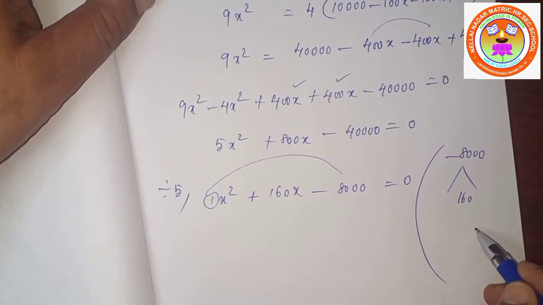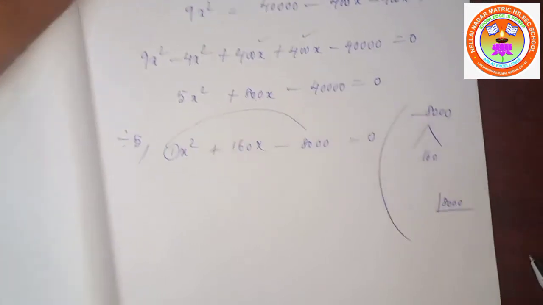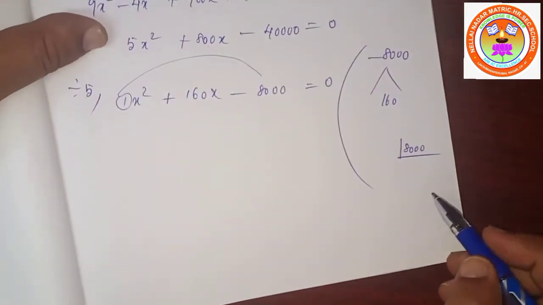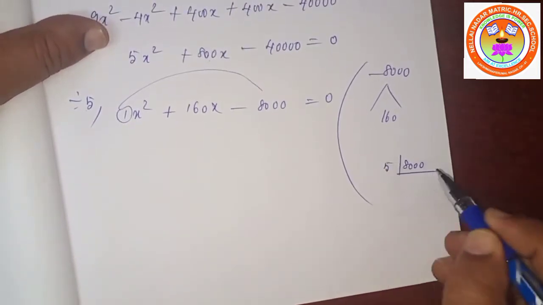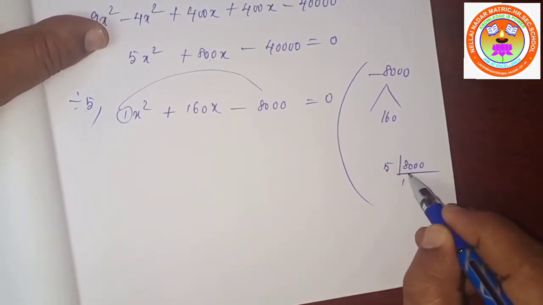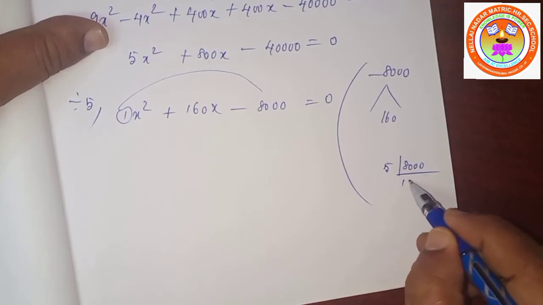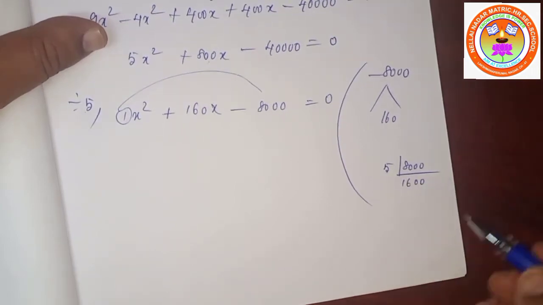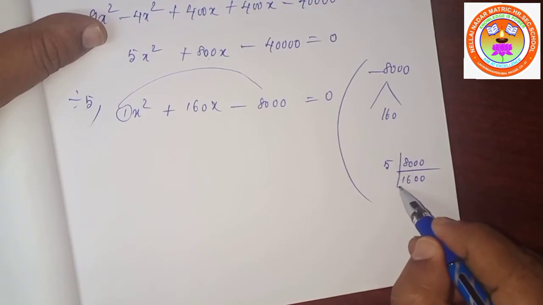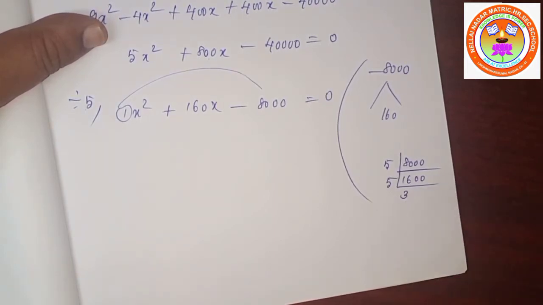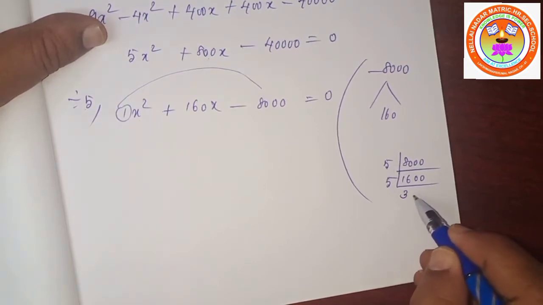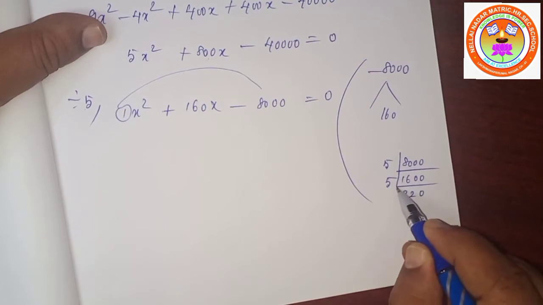Take 8,000. Divide only by prime numbers. I take 5: 5 ones are 5, balance 3, 30, 6 times 00, 1600. Again divide by 5: 5 3s are 15, balance 1, 10, so 2 times 0, 320.